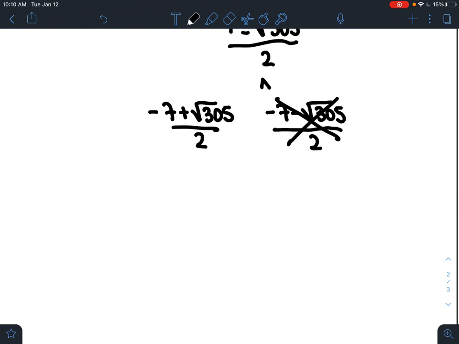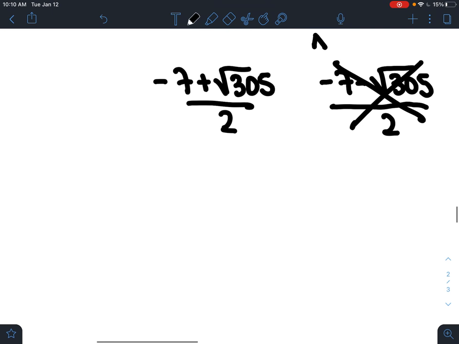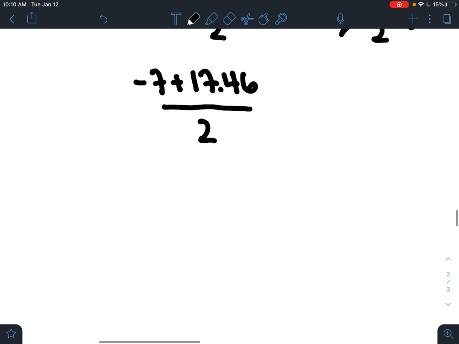So what I'm going to do is take the square root of 305 and round it to 2 decimal places. I'm going to get 17.46. So I have negative 7 plus 17.46, all over 2.